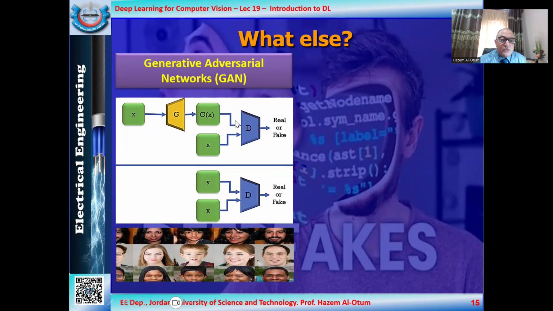Now, as you see from this image on the left side of the screen, the input X is applied to the generator, a type of component that is added for the GANs, where it produces for you a function, the G(X), which is the generator function. After that, you can apply the input again, and apply both the input and the generated function to the discriminator.